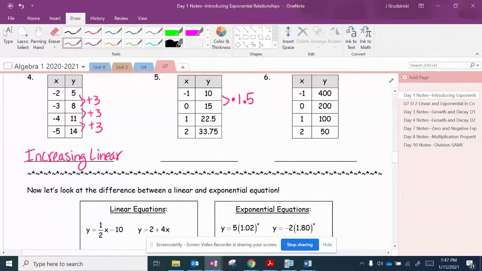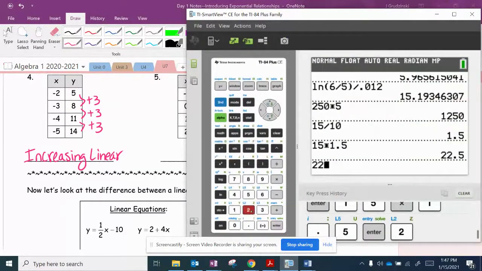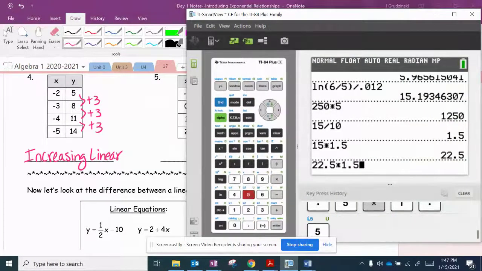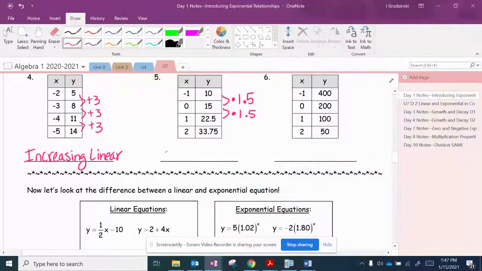That gave me 22.5, which is what I wanted. So that means that was still times 1.5. And then let's check for the next one. Yeah, that worked. So if you're ever not sure, remember you can always use the opposite operation to figure out what you're multiplying by. So this was exponential growth.